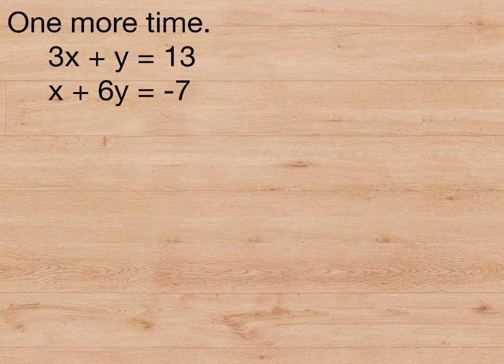One more time with that idea, but this time I'm going to work with this one. So I'm going to go ahead and take x plus 6y is negative 7. I'm going to subtract the 6 times y to the other side, so I'm solving it for x.